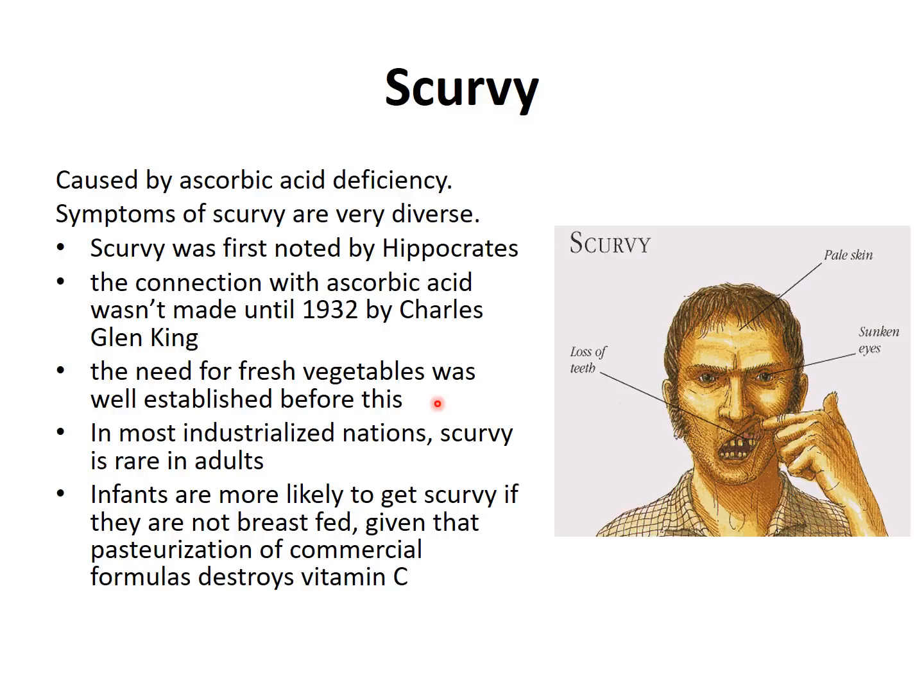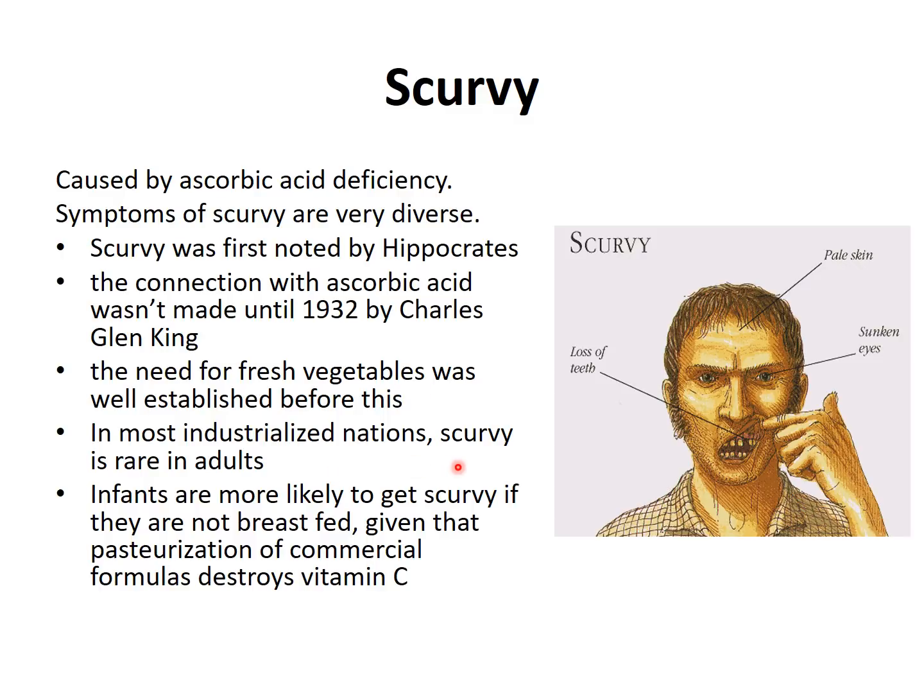But beforehand, it was already discovered that eating fresh vegetables, fresh fruits is very important to keep the health of people. So the sailors that ended up with scurvy in the Middle Ages or the new era already knew that they need to bring vegetables and fruits and citrus and whatever on the road, because those salted fish would not supply enough vitamin C for them.